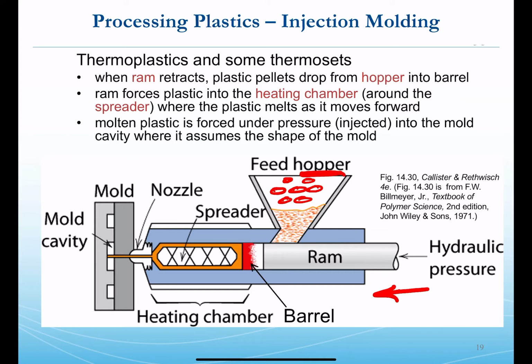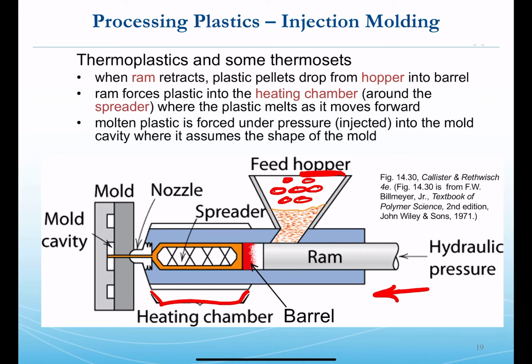And they would drop into the barrel. The ram would then allow the plastic to get forced into a heating chamber that we see here, where a spreader can help make sure that the plastic, as it transitions into its melt state, can move throughout the cavity and mix uniformly and relieve any cavities and ultimately create a nice fluid material.